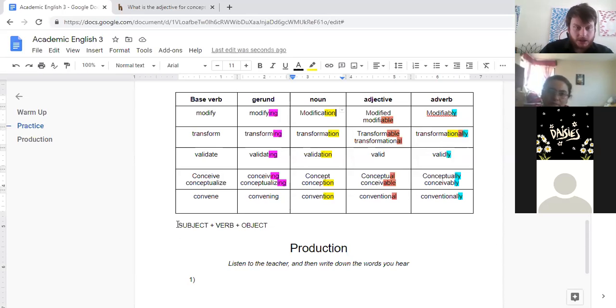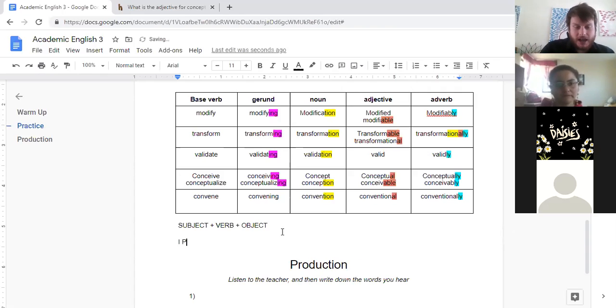Okay, well, in English, we go subject, verb, object. A noun is not a verb. So noun is probably an object. And you can start to figure out the meaning. You can try to look at the context. So you can't say in English, I pronunciation the word.